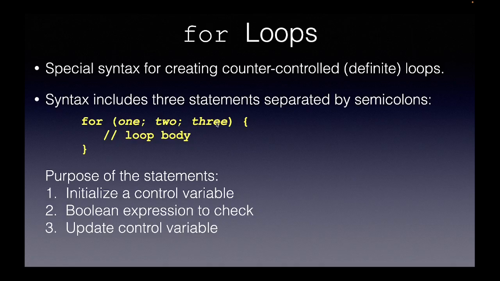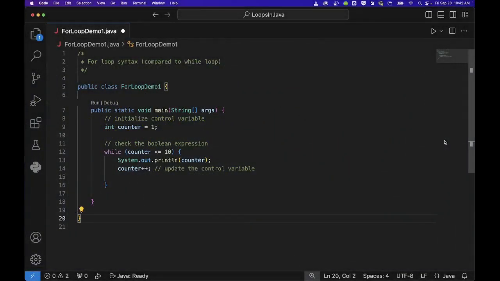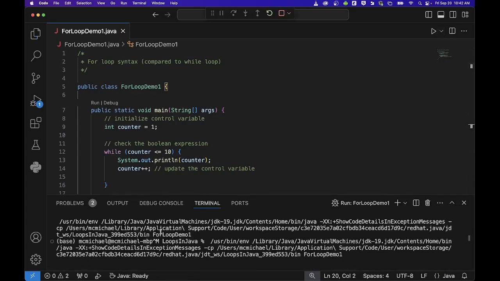So let's jump into Java and take a look at how this works when we write some code. Here we have a simple definite loop that we've implemented with the while keyword. This is the example from that first video on while loops, and it shows a program that basically just counts from 1 to 10.